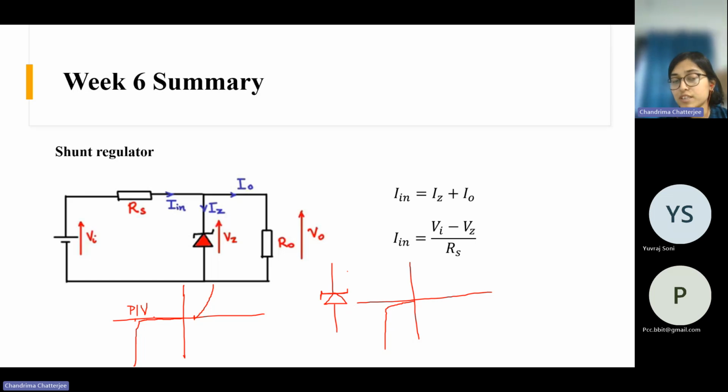Our voltage should be restricted within this peak inverse voltage. But a Zener diode always operates in this region only, in the breakdown region. And irrespective of the current value, from this point to this point, it will maintain a constant voltage.